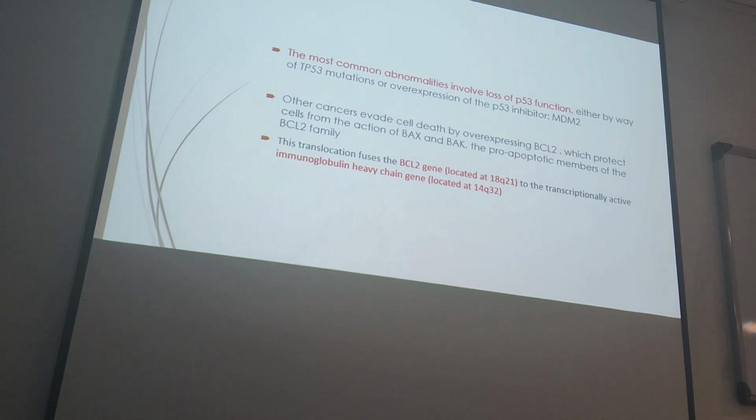The translocation between chromosome 18 and chromosome 14 happens in a specific type of lymphoma. For example, in follicular lymphoma, we have this type of translocation, and we have overexpression of these anti-apoptotic factors.